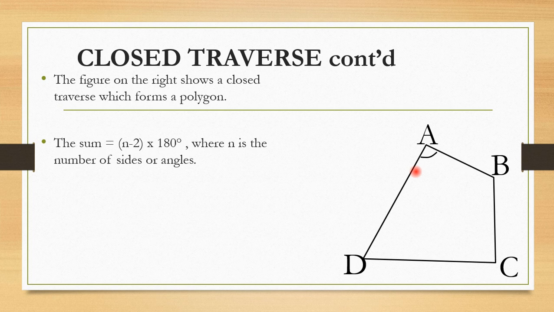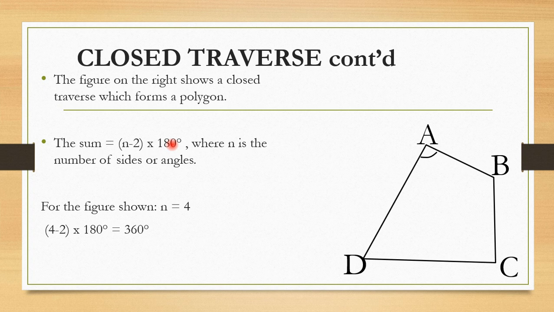You can do the summation of the internal angles by following the formula on the left hand side, which is n minus 2 times 180 degrees. If a figure has, like in this case, 4 sides, our n is going to be 4. So n represents the number of sides or the number of angles that a closed polygon has. In this case, we'll say 4 minus 2 times 180 degrees, and this will give us 360 degrees.